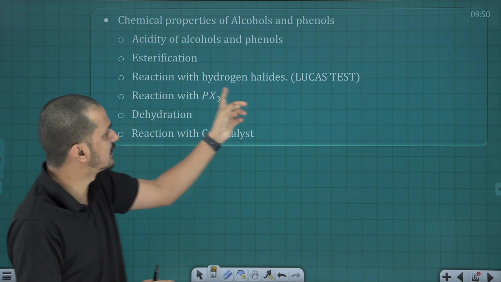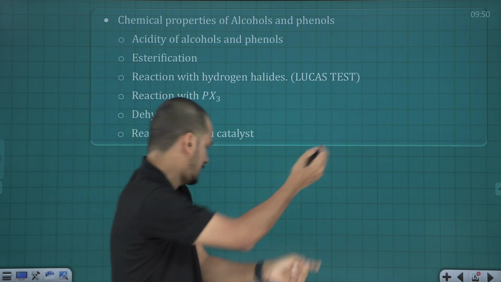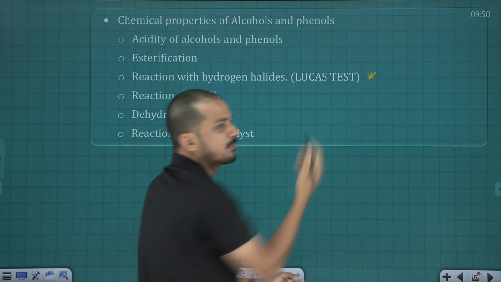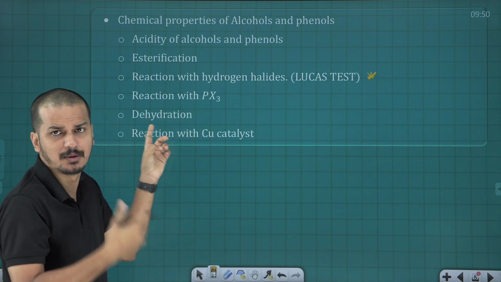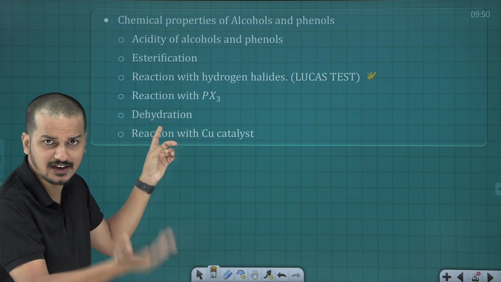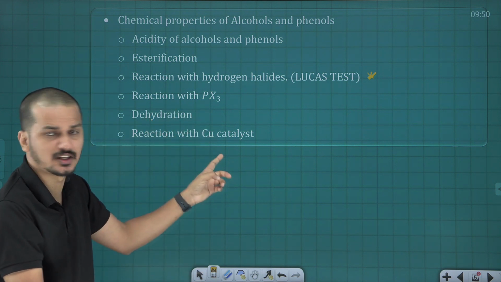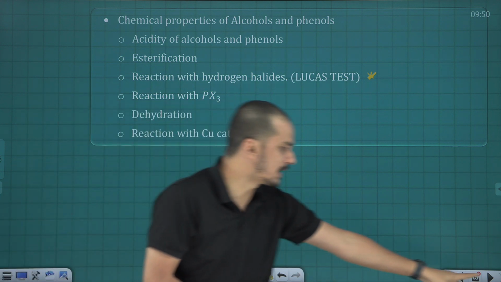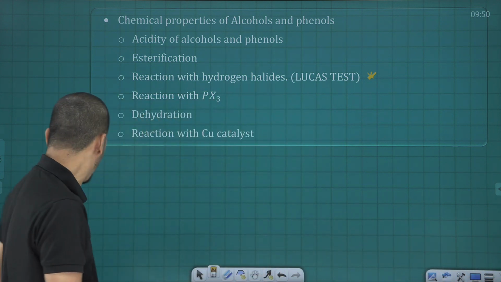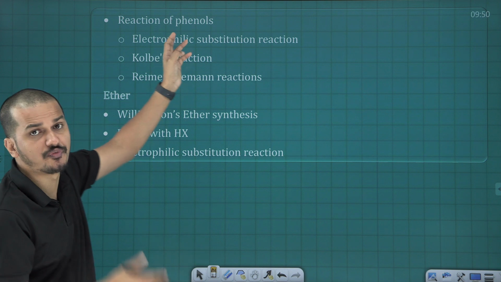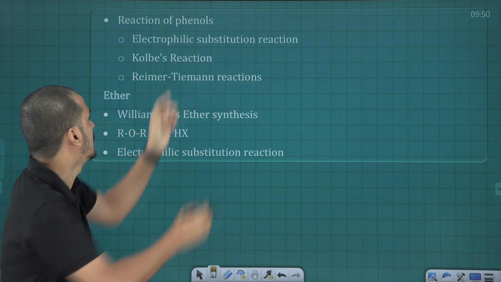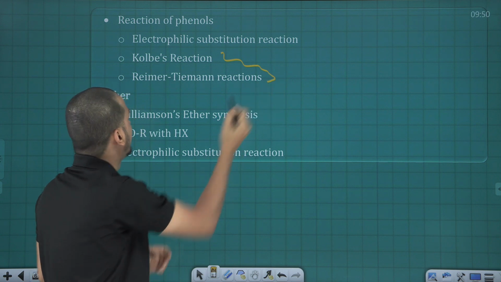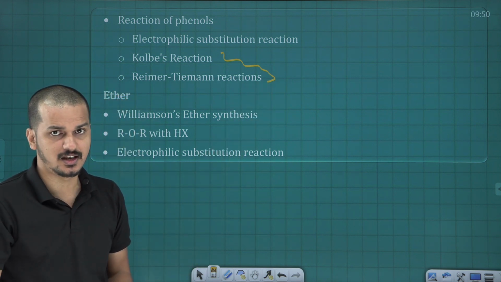Then reaction with hydrogen halide, that is very, very important. Okay, Lucas test. And reaction with PX3, I mean phosphorus trihalides, then dehydration reaction, then reaction with the copper catalyst, and then again reaction of phenols. Reactions of phenols are very important, such as electrophilic substitution reaction as well as Kolbe's reaction and Reimer-Tiemann reaction.